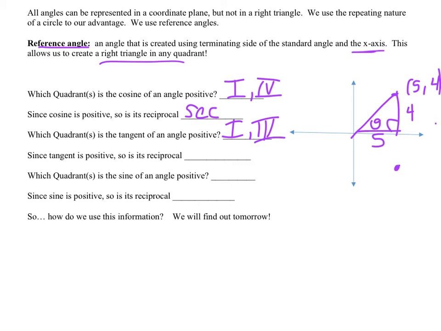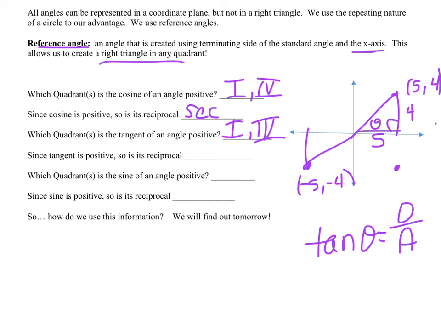This is theta. Tangent of an angle is opposite over adjacent, so both of those are positive, and it's going to be positive. But in quadrant 3, both of those are negative. So if we have negative 5 and negative 4, we have the same triangle, but negative over negative is a positive. So where they're both the same sign, tangent is positive.